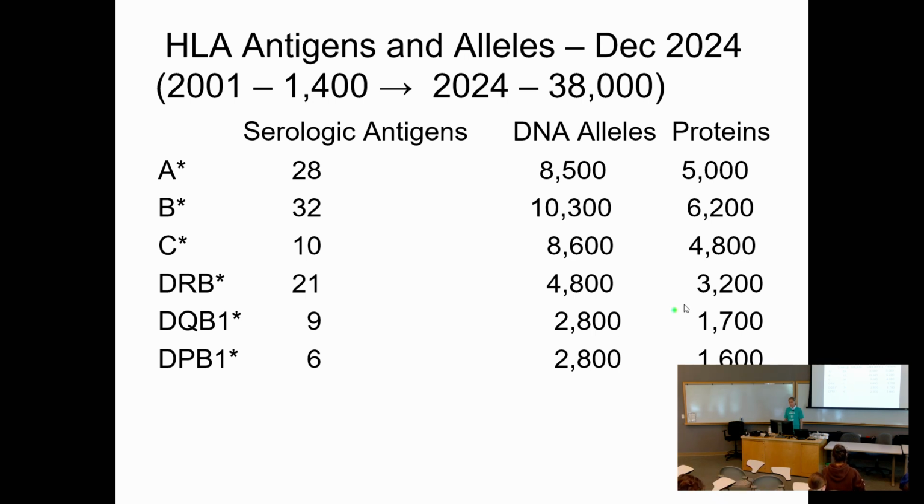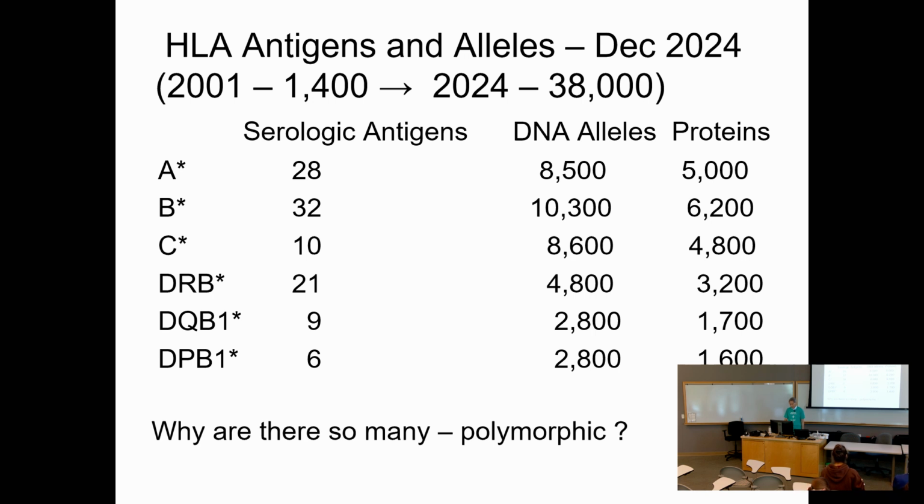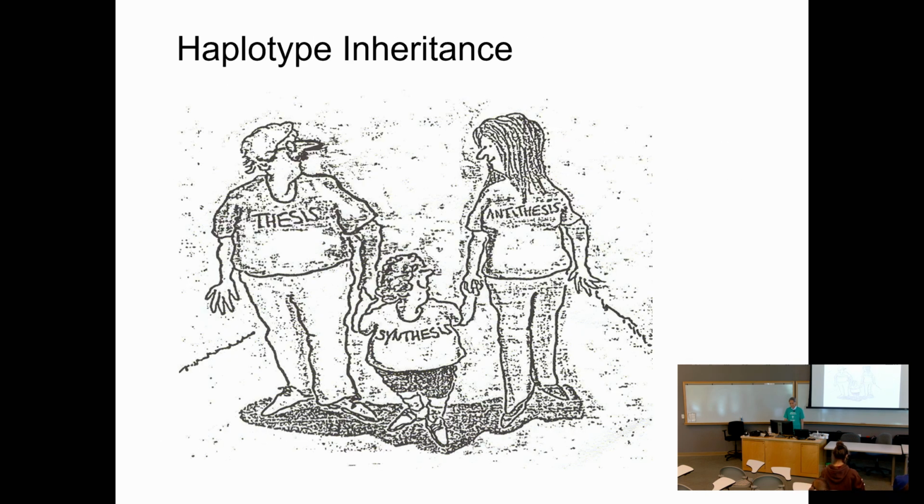And so these are the number of proteins that we have here, and not all of them are expressed on the surface where they might be exposed to the recipient immune system. We talked about why it's so polymorphic.